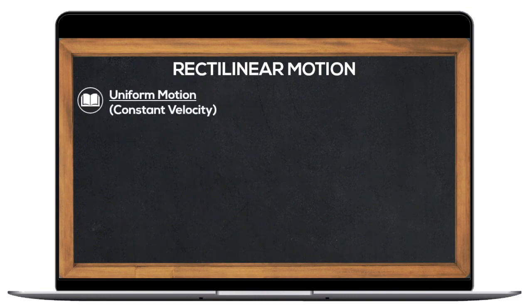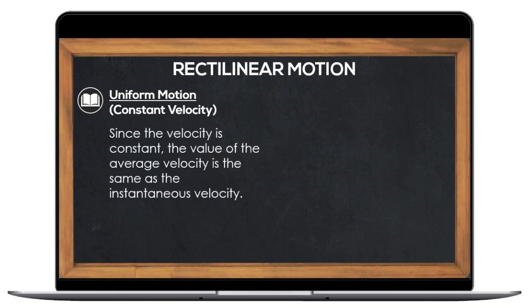So uniform motion or the motion with a constant velocity. Since the velocity is constant, the value of average velocity is the same as the instantaneous velocity. Okay? Meaning to say, hindi nagbabago yung ating velocity. Kaya nga constant. With that, the average velocity will be equal with the instantaneous velocity.